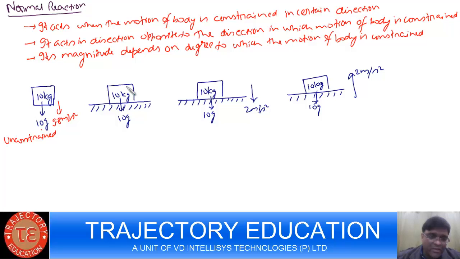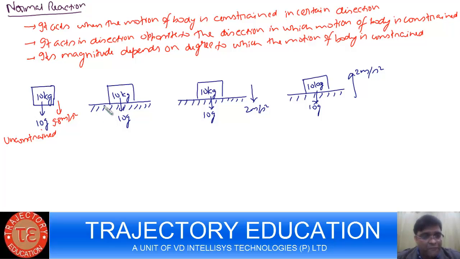Look into this case. The force acting on the body is 10g. Under the action of this 10g force, that is 98 Newton force, this body would have moved with an acceleration of 9.8 meters per second square. But we are finding that this body is at rest.